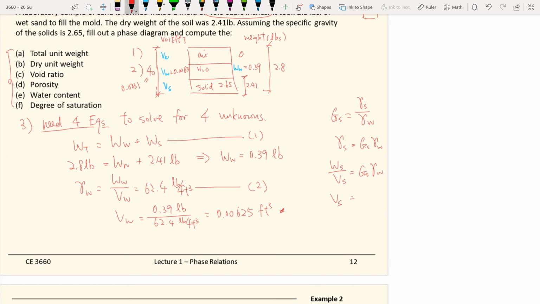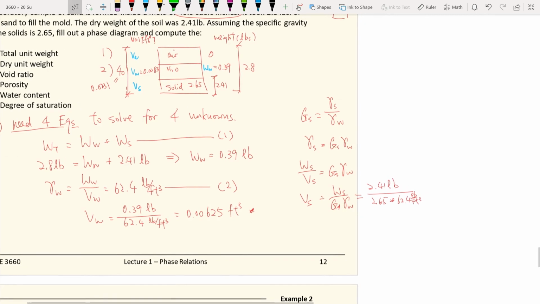That will equal the weight of solid divided by G sub S times gamma W, which equals 2.41 pounds divided by 2.65 times 62.4 pounds per cubic feet.